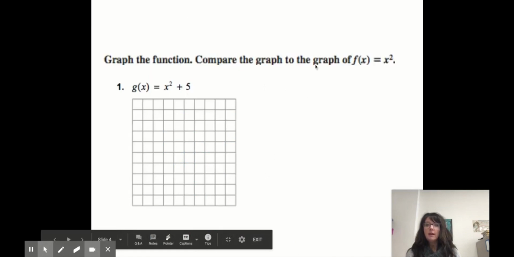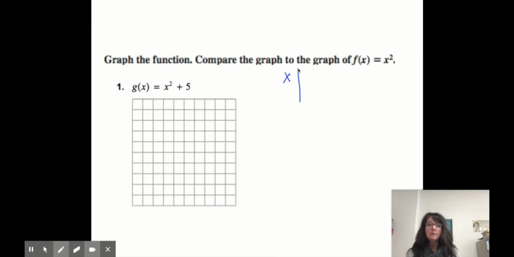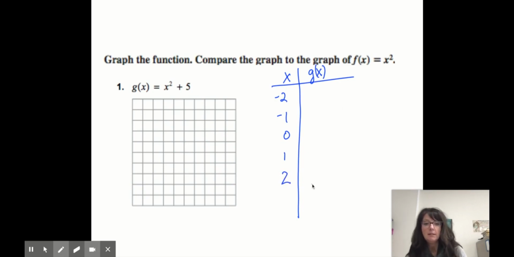So let's go ahead and graph. So we want to start with the table of values. Again, it's easiest if we make about 5 points to graph. It makes the curve a little bit easier. So we want to take -2 squared, which is 4, plus 5, and we get 9. -1 squared plus 5 is 6. 0 plus 5 is 5.